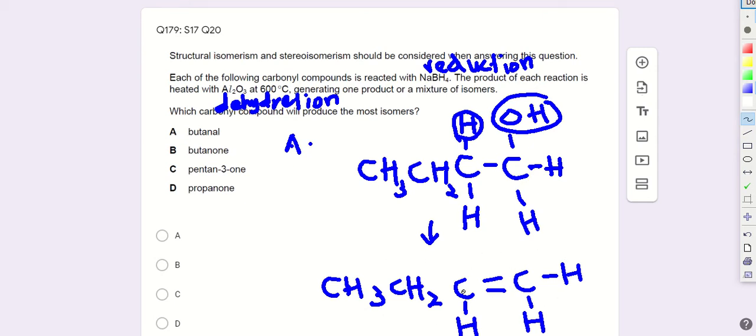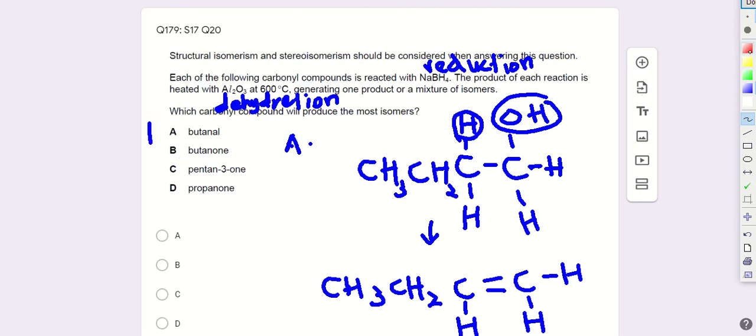The 2 carbons sharing the double bond: this carbon is bonded to 2 hydrogens. This carbon is bonded to two different groups of atoms. Now, because this carbon is bonded to 2 groups of the same type of atom, no cis-trans isomerism. A will only give you one product.